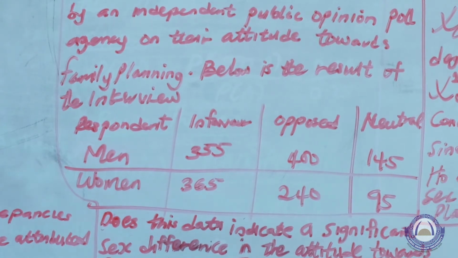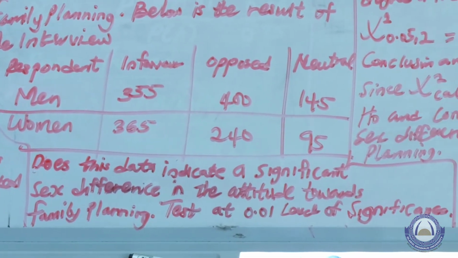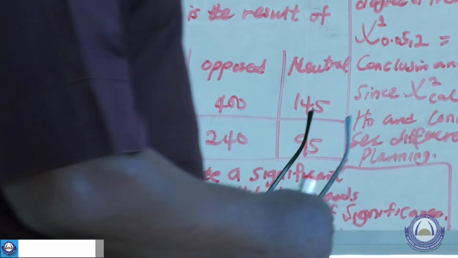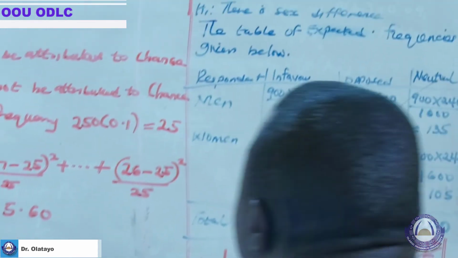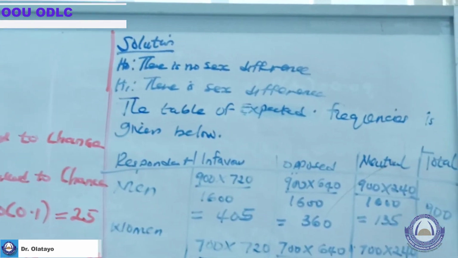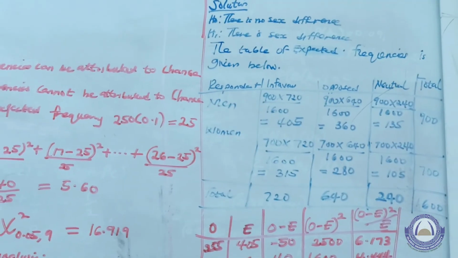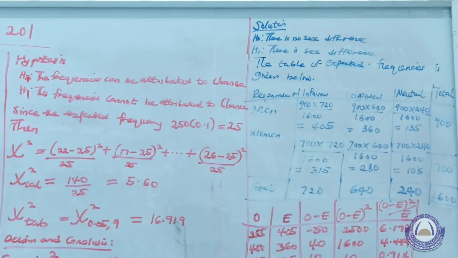Test at 0.01 level of significance. The hypothesis: H naught, there is no sex difference, and H1, there is sex difference.